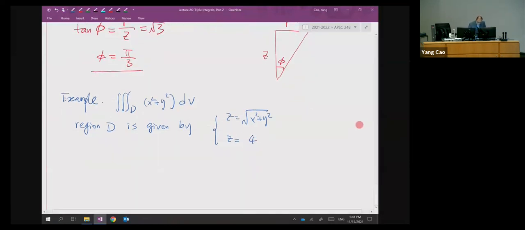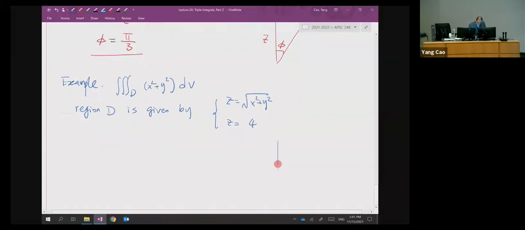So first step, you got to draw this region D out. And that is a cone, as we have already demonstrated. And then it has a top surface capped at z equal to 4. That's basically not an unlimited cone, right? So you have a cone with a top surface at z equal to 4. And then this is z equal to root x squared plus y squared.